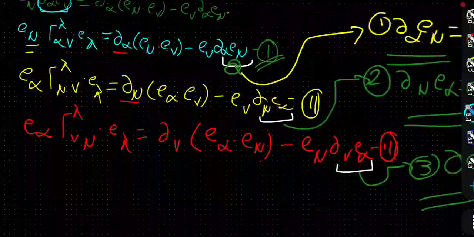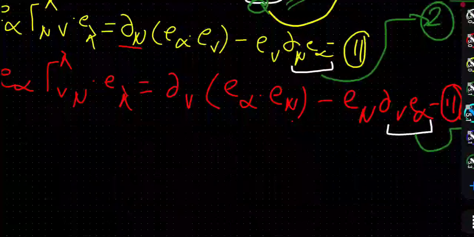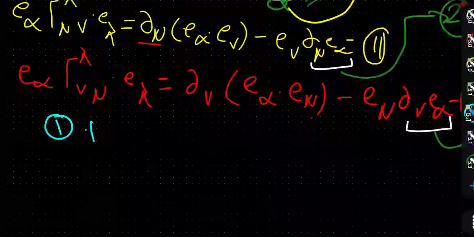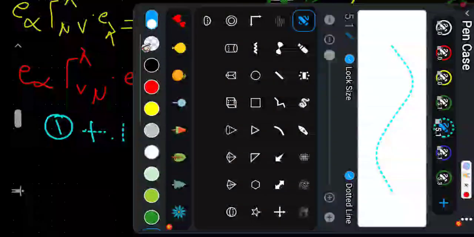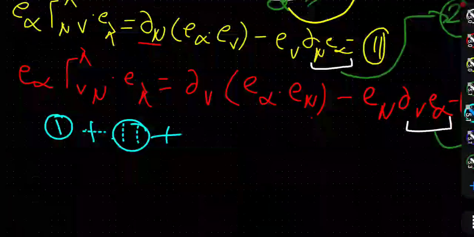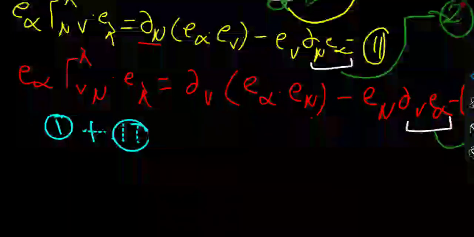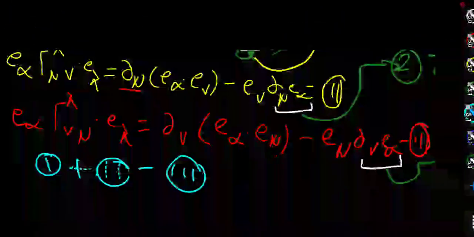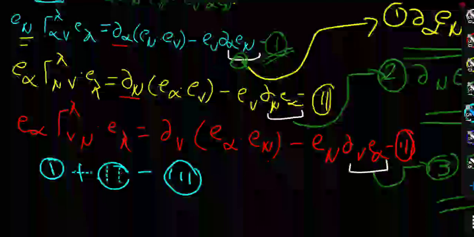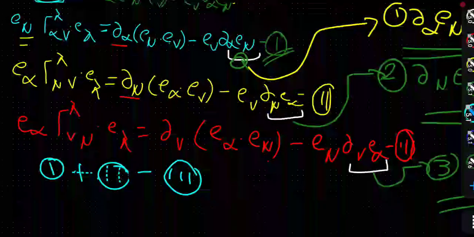Okay, so let's see. Here I have three equations, 1, 2, and 3. What I'm going to do is 1 plus 2, not plus, minus, it's a game of manipulation, minus 3. I'm going to add these two equations, then subtract this particular one.